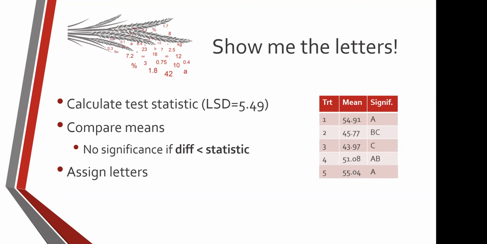LSD is really the most liberal of those tests that we talked about before, and that's part of the reason why. So just take care if you are choosing to run the LSD, especially the longer your treatment list gets. The more comparisons you're running, the more that true significance level for the test starts to balloon. You're more likely to have false positives as you go.